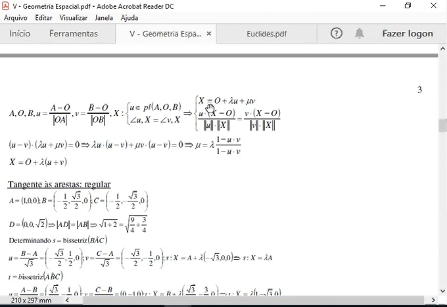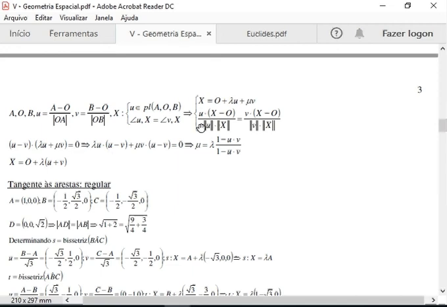The points X are of the form O plus lambda U plus mu V, in a plane, such that the angle UX cosine, the scalar product, inner product of U times X minus O over the norm of U times the norm of X, is equal to the scalar product of V with the vector X minus O over the norm of V times the norm of X. So we're going to use that U minus V scalar lambda U plus mu V is equal to 0.